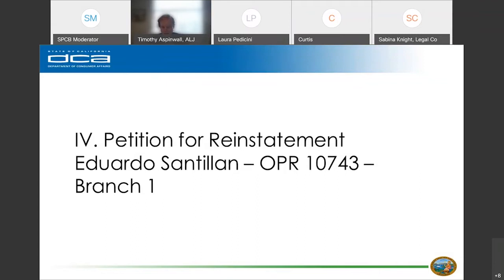You have the right to present exhibits and witnesses. The exhibits that you have submitted are in the form of your petition for reinstatement and the attachments which the Deputy Attorney General has put together in a petition packet. Do you have any other exhibits other than the items you submitted in your petition packet that you are going to want to introduce into evidence?